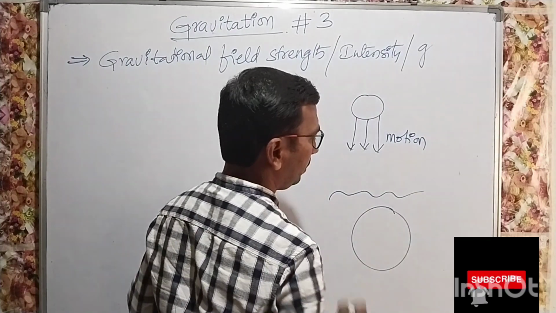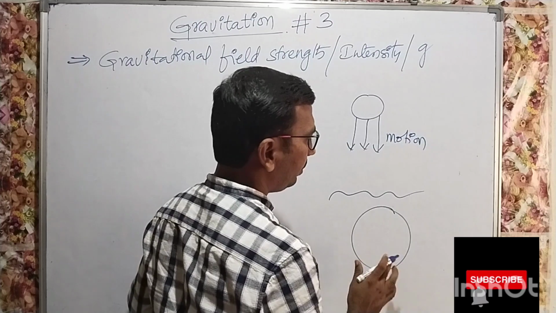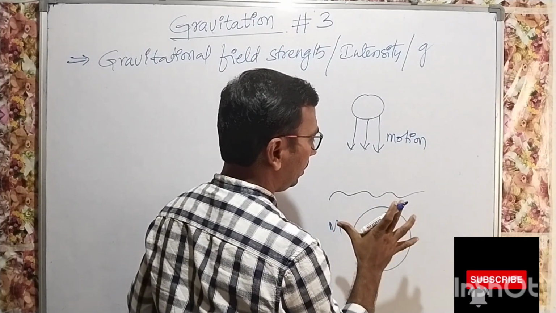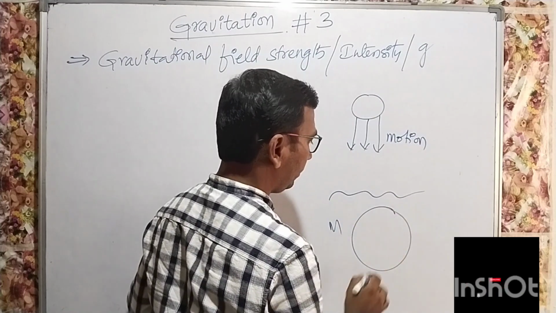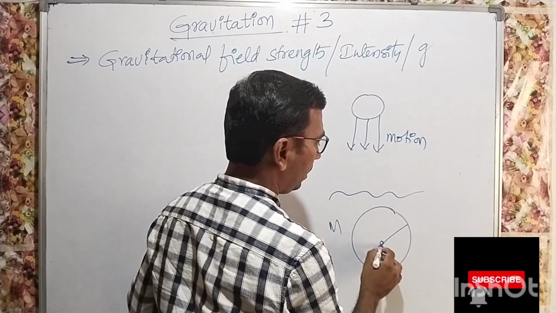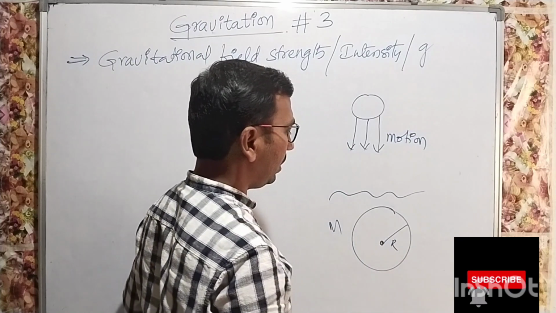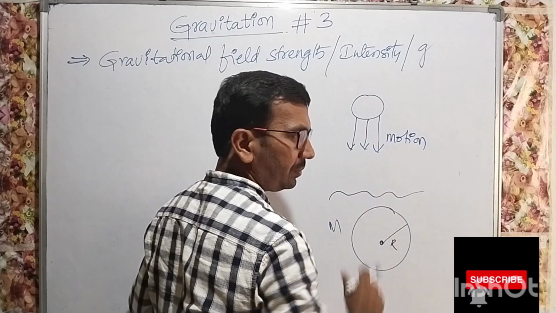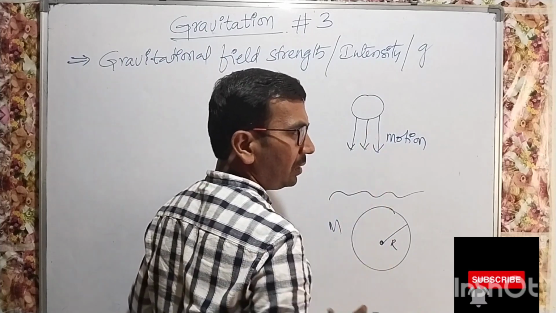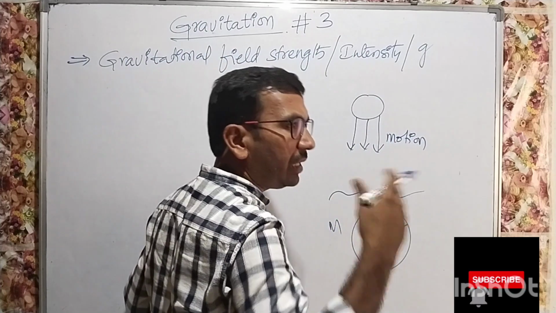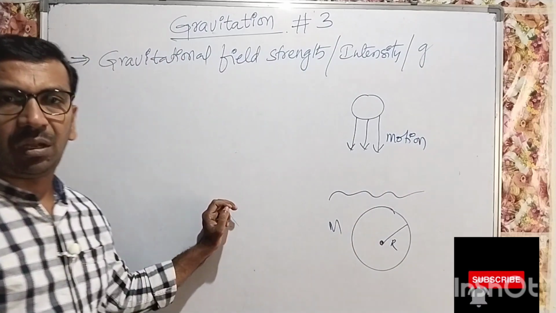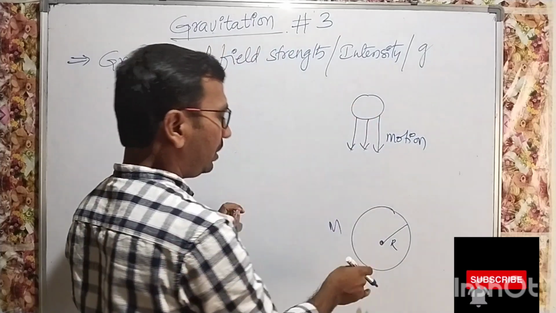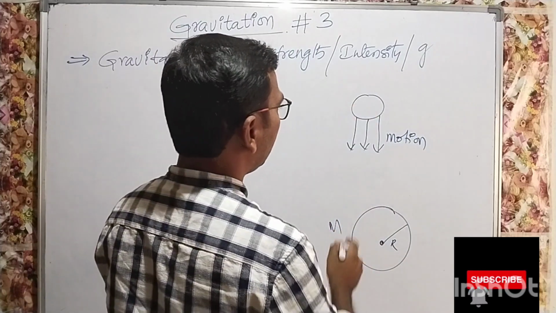Behind, one source is there, that is gravitation. The mass of this source is M and its radius is r. Due to this source, an imaginary field is invisible, but you can feel its effects. Due to this source, this body moves in this direction.